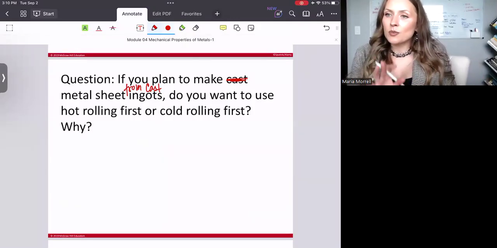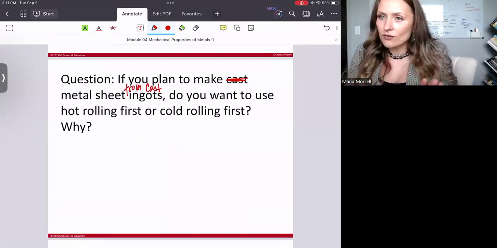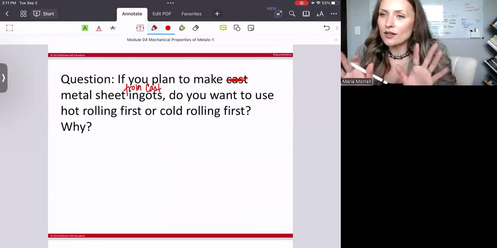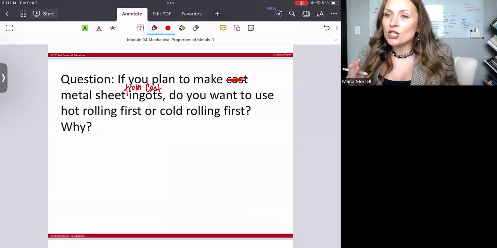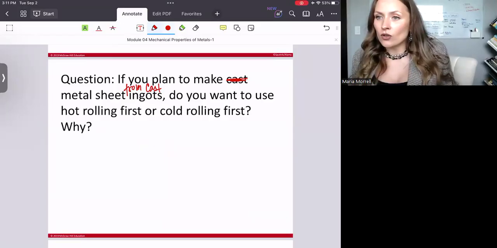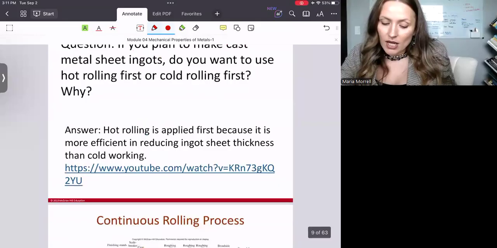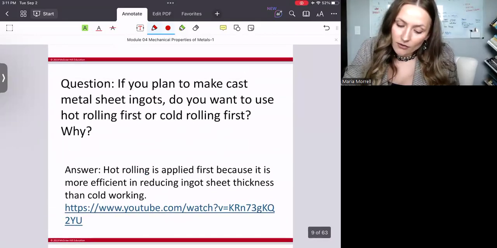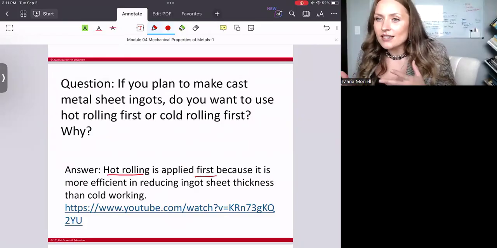Okay, so for this particular question, you have to go with both, okay? And this is how the process works. Specifically for your process that has been designed, they're using both. So the question here is the order. If you were to use hot rolling and cold rolling, which one would you actually use first and why? Typically, the hot rolling is applied first, and many of you may guess it. Why?